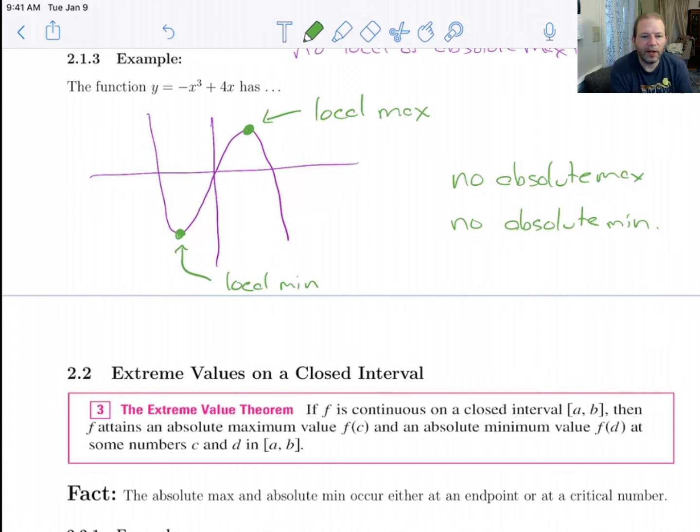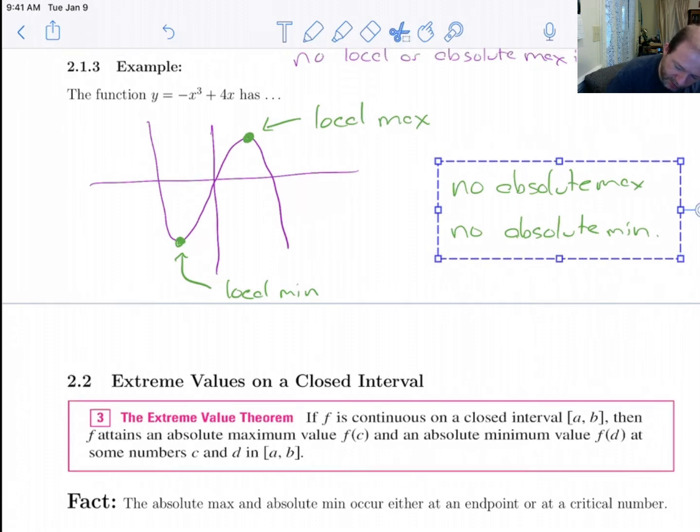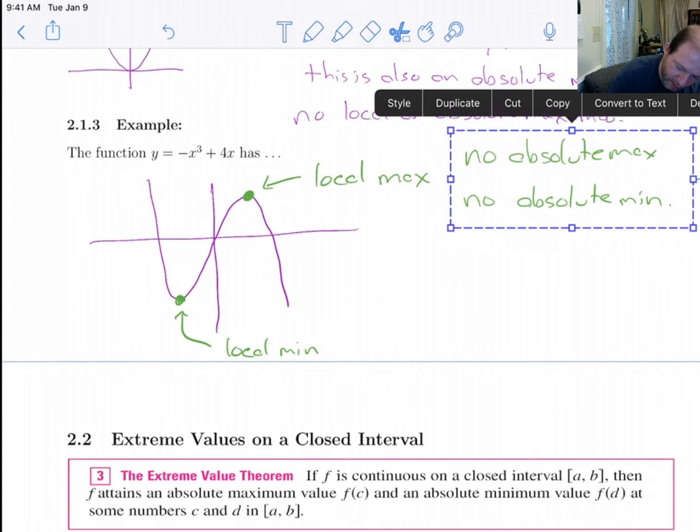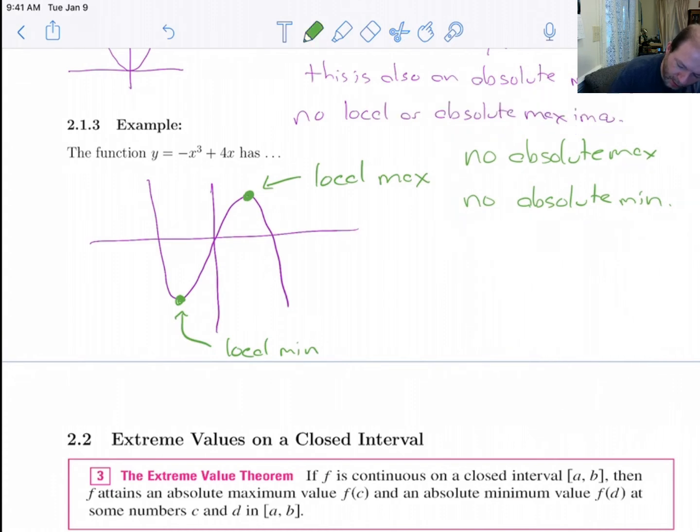Now, if we wanted to find where these local max and mins are, what we'd have to do is take the derivative of this function. So I wasn't planning on doing that on this one, but let's go ahead and do it. Let's find the coordinates of this local max and local min. Y prime is going to be minus 3x squared plus 4.